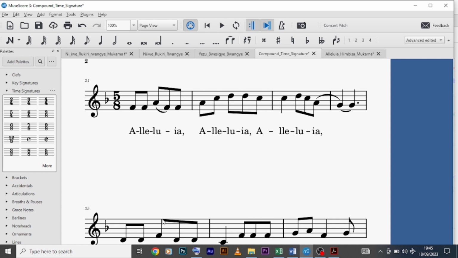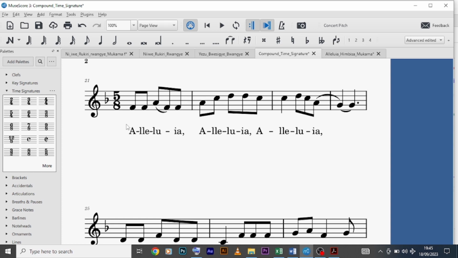In each bar we are having 5 quavers that are equally spaced. All the same as 1 2 3 4 5, 1 2 3 4 5, or 1 2 1 2 3, ta te ta te ta.